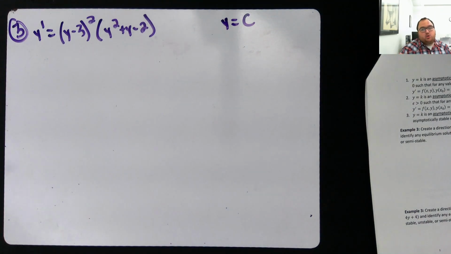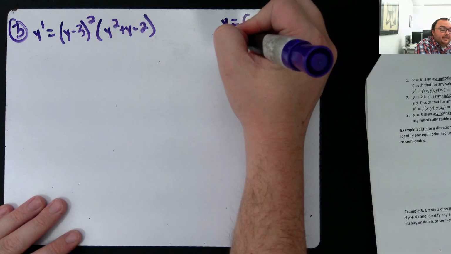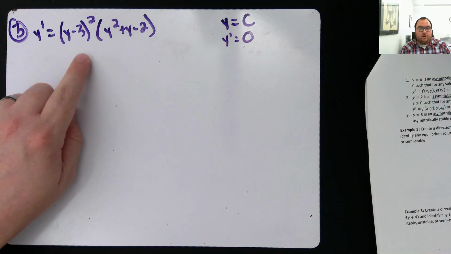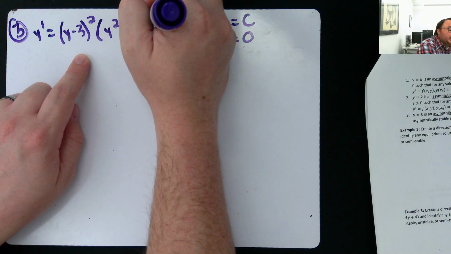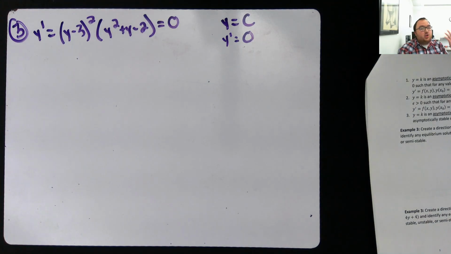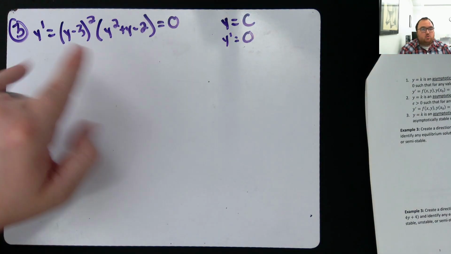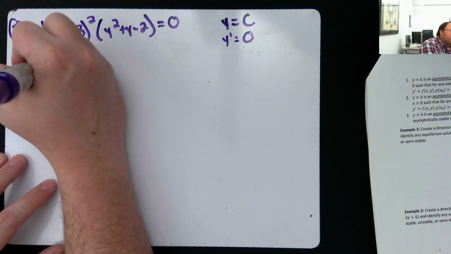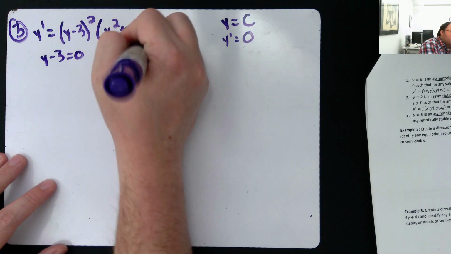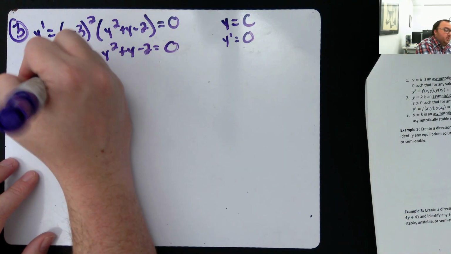Well, if y is equal to a constant, that means y prime is equal to 0. So what I want to do is set this equal to 0 and solve it for the y. This looks hard, but it's actually not. The factors are already here, so I'm going to set each factor equal to 0, which is easy here. Add 3, you get y equals 3.